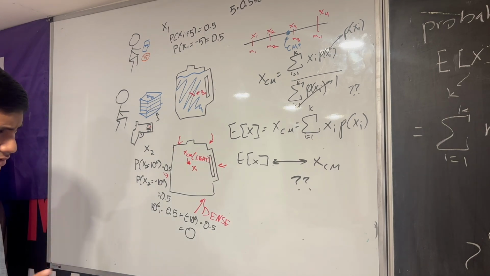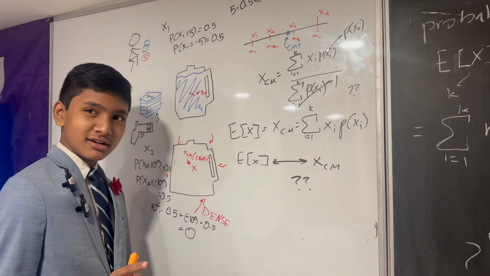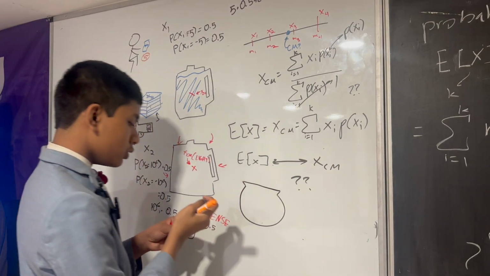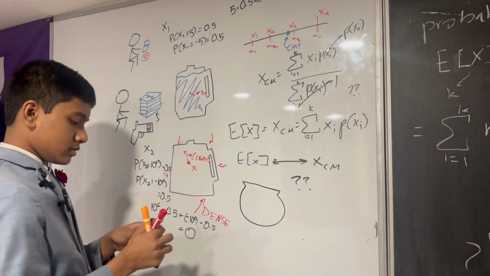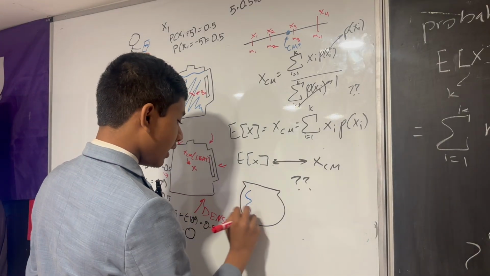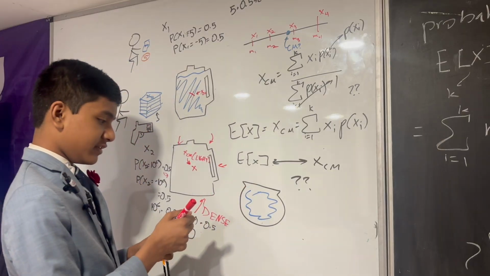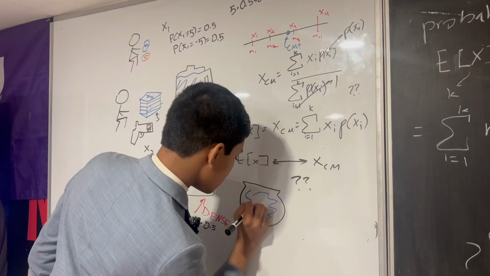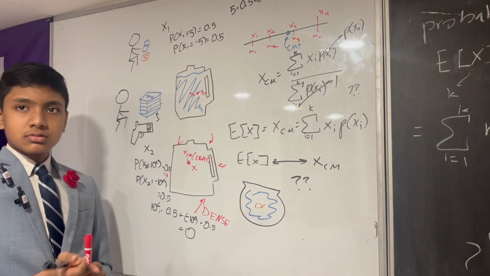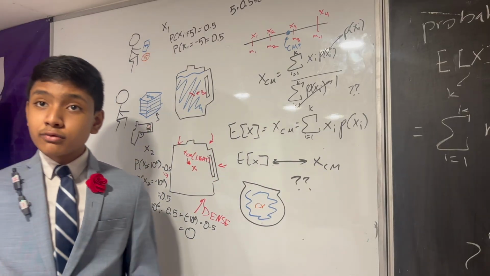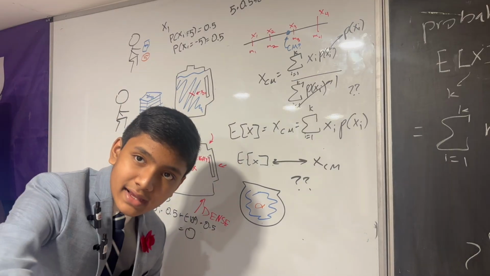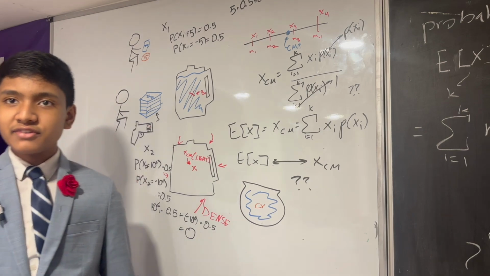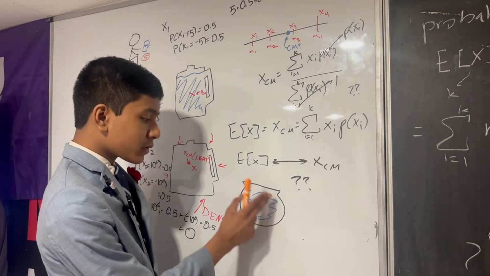Enter the moment of inertia. Let's say I have a bowl, and inside this bowl is a little fish. Now, it takes me an extreme amount of work to rotate the entire bowl 360 degrees because it's like 50 kilograms and it's super dense everywhere.